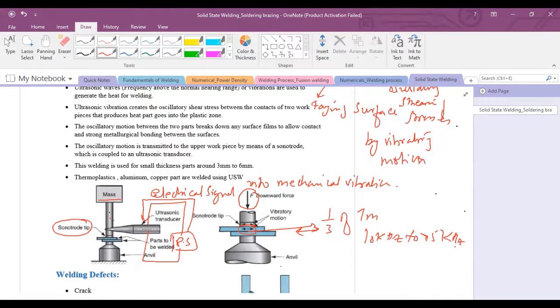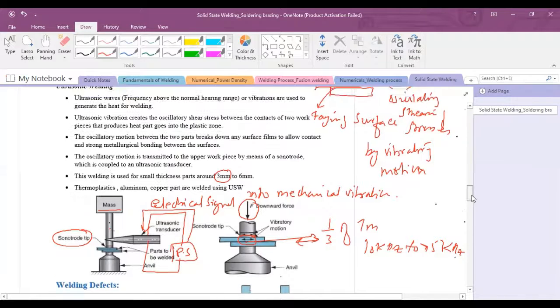It is also used to weld thermoplastic materials. It is extensively used in the automobile industry for packing automobile parts with foil. It is also used to create a lap joint of aluminum and copper, and to weld sheet metal parts of thickness 3 mm to 6 mm.